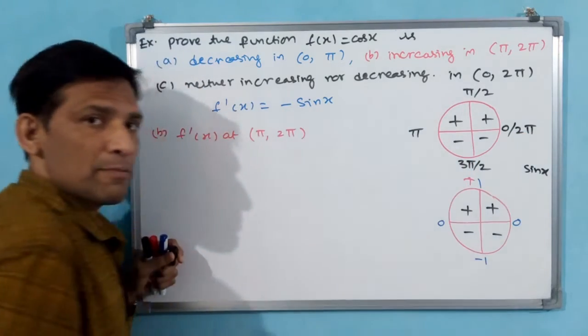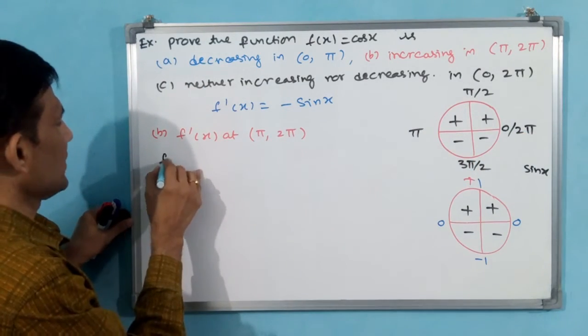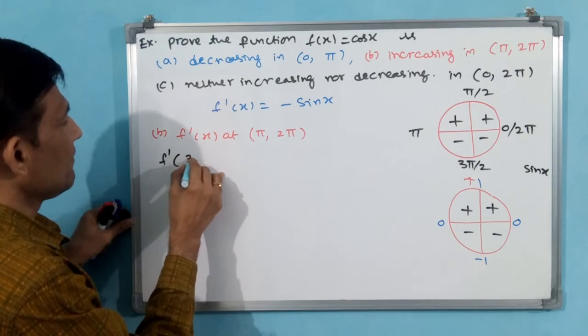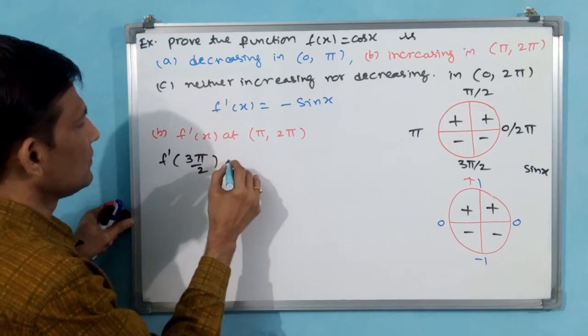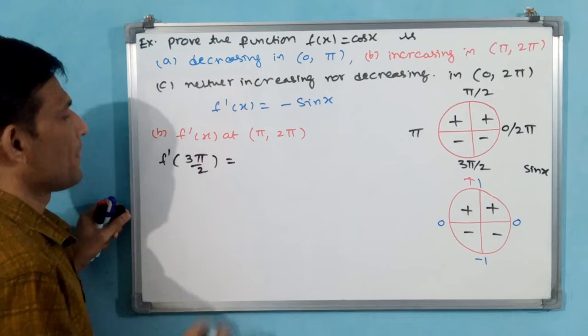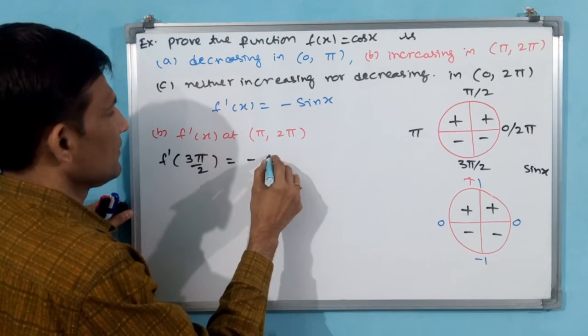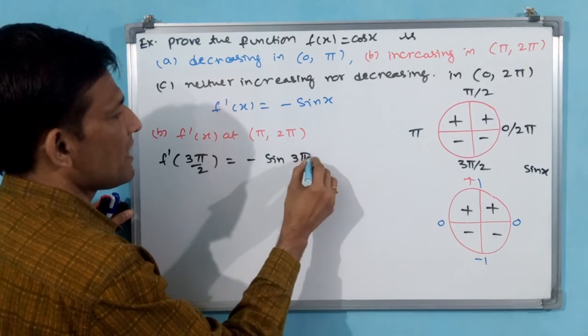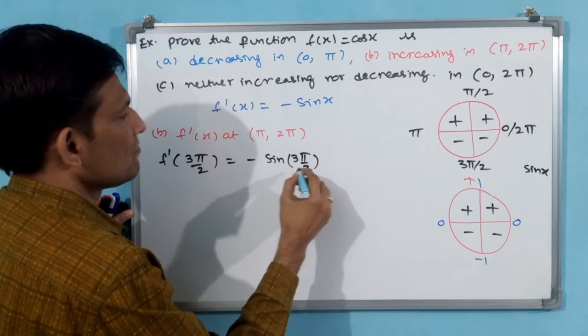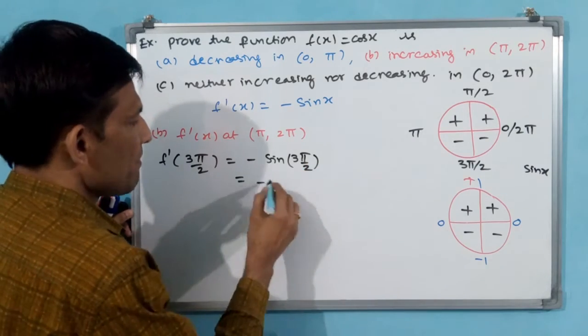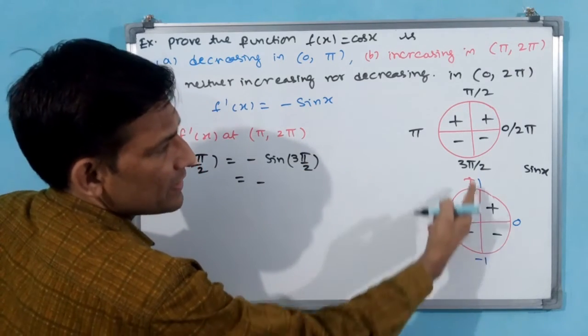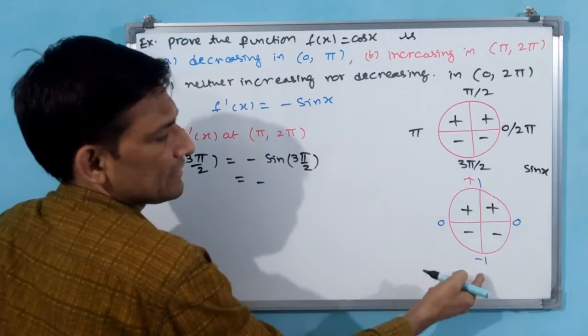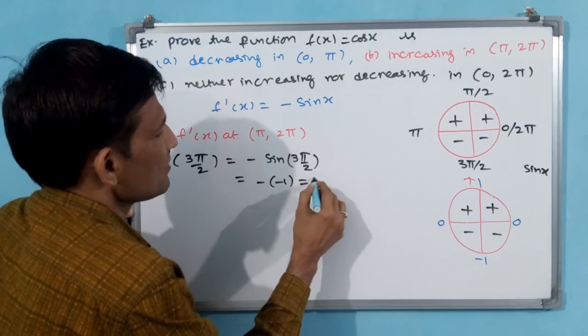Shall I take 3 pi by 2? f dash 3 pi by 2 is equal to minus of sine 3 pi by 2, that is equal to minus of, minus 1, that is equal to plus 1.